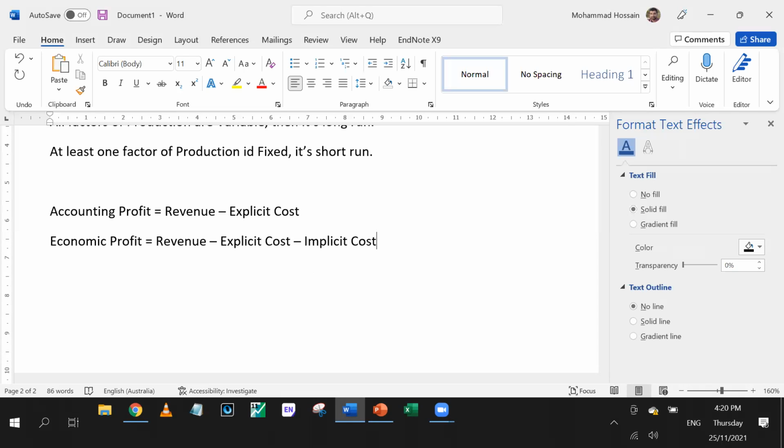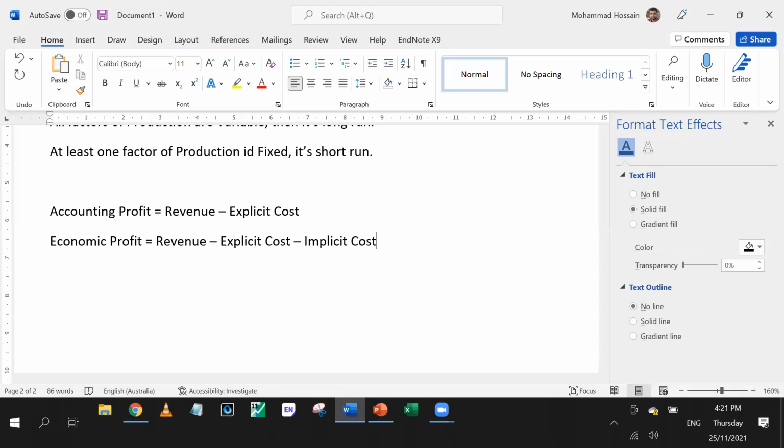Actually, when you say you're paying indirectly, we mean this way: for example, let's say you have invested $100,000 in a business.